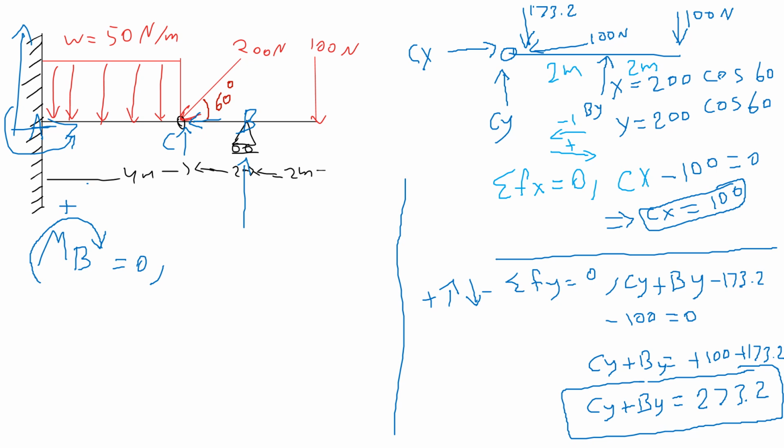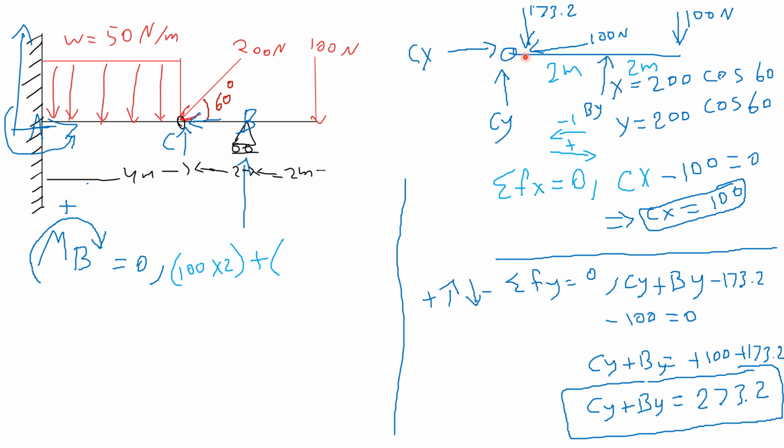So we're having 100 multiplied by 2, positive, plus. Okay, I'm going to open parentheses. I'm going to go to the other part of the point B, which is this.